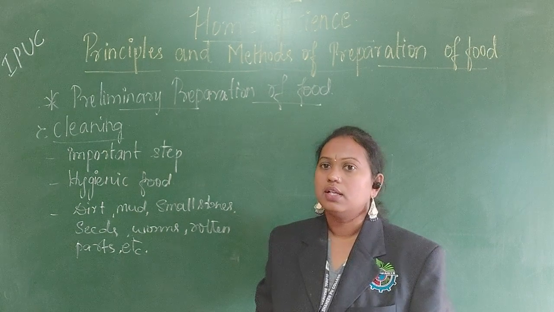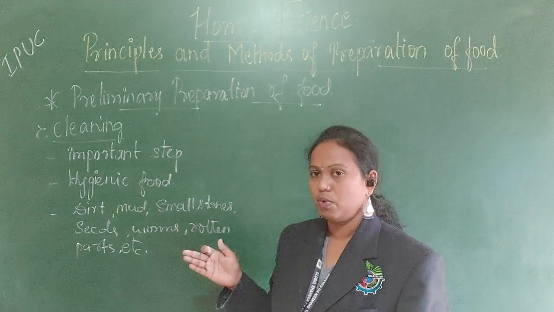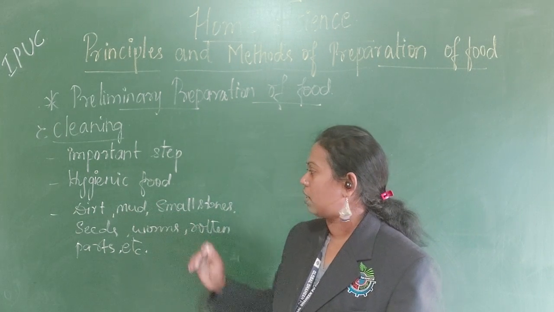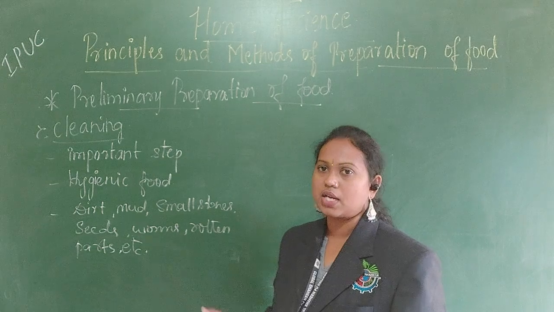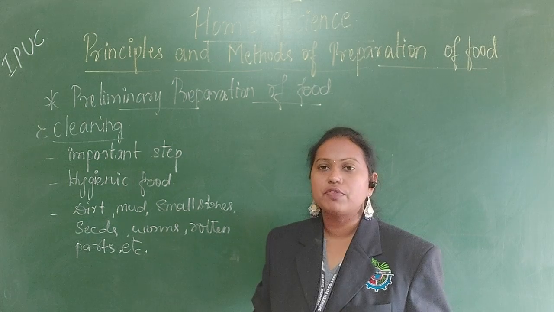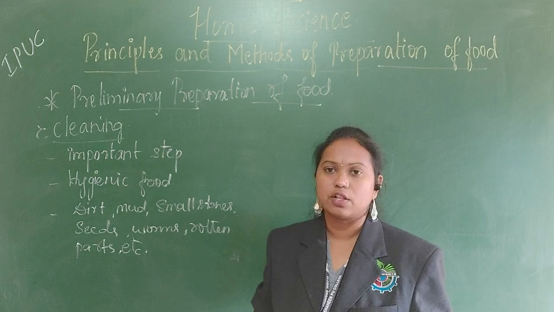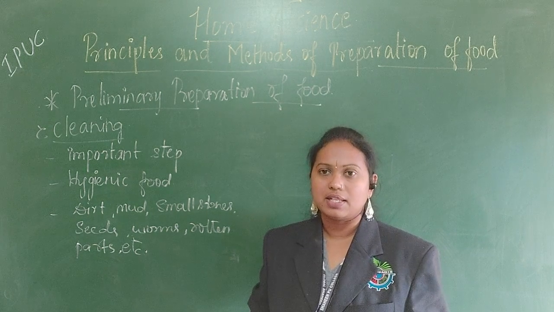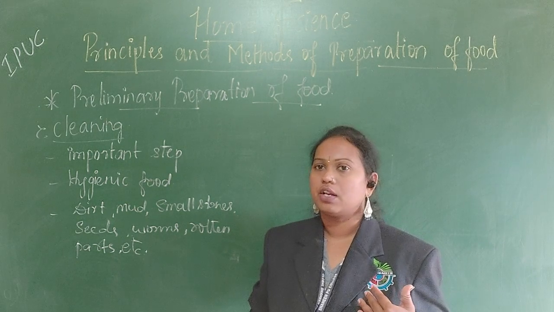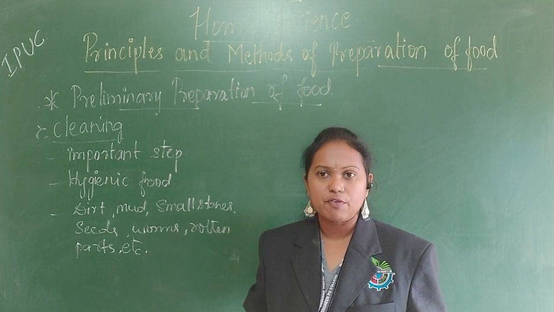So students, the cleaning has a very important role, which is done to remove some of the unwanted substances like dirt, mud, small stones, rotten parts, worms, insects, etc. And some of the raw ingredients like the fruits as well as the vegetables and the cereals, dals, etc. While washing with the water to remove the mud, dirt, etc., what we have to take care of?